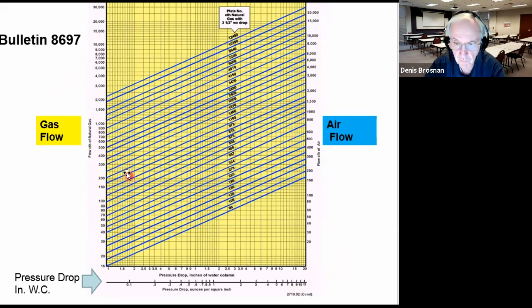So all you have to do is figure out which orifice plate you're using and go over to one side or the other to get the flow rate. The pressure drop is given here on the horizontal axis. So we've got the pressure drop right from the Bernoulli equation. We've got the size of the orifice meter, and we're going to have the flow rate, either right or left, depending on which fluid you're interested in.